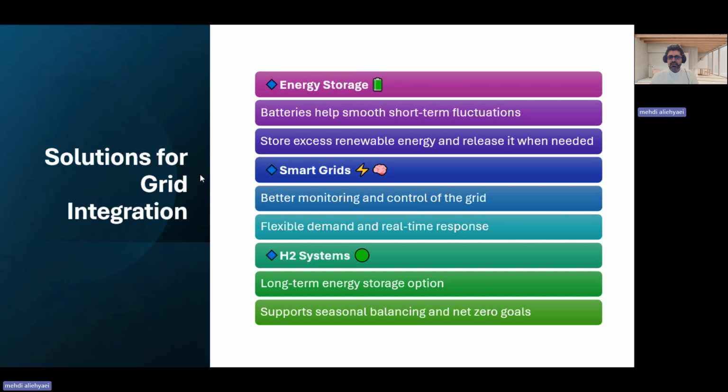The second one is the smart grid, enhancing grid operation through advanced monitoring, control, and demand response. And also the H2 system provides a pathway for large-scale and long-term energy storage, allowing excess renewable electricity to be converted and used over a longer time period.